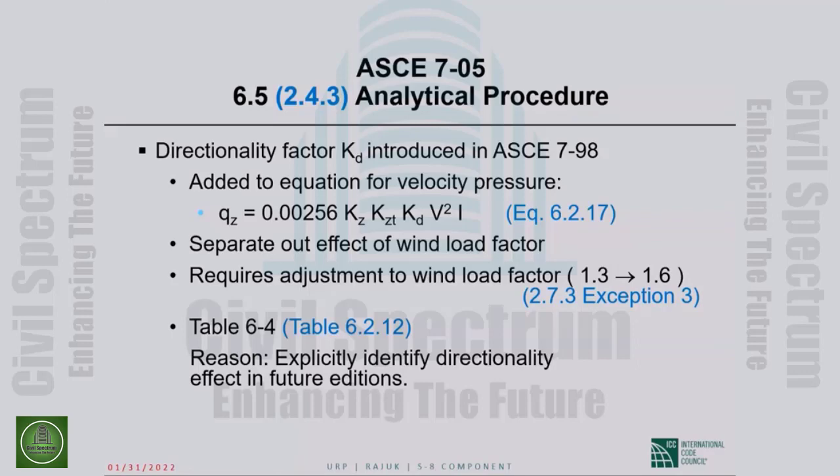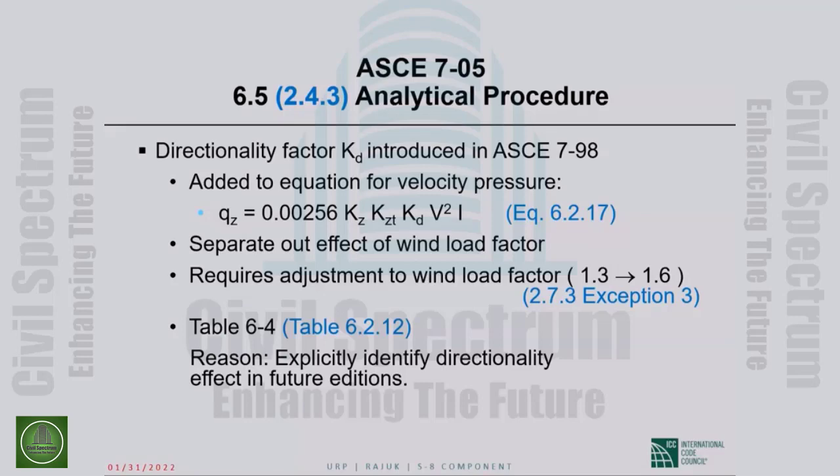for all buildings. So when the directionality factor K sub D was introduced, the design wind pressure of ASCE 7-98 went down 15%. Very simple.